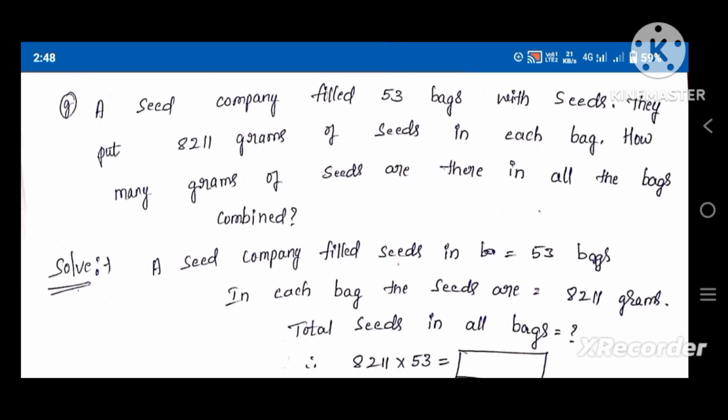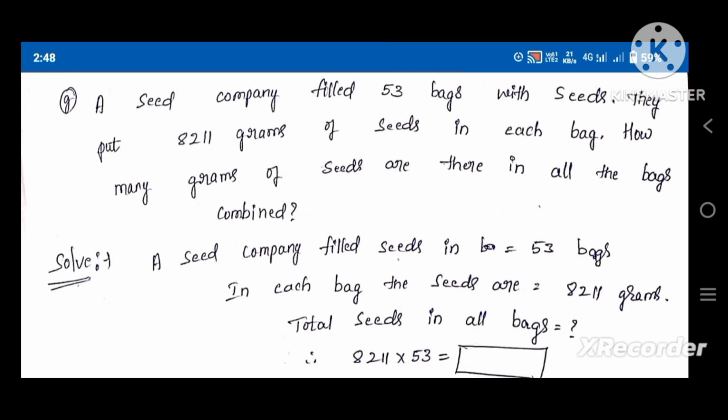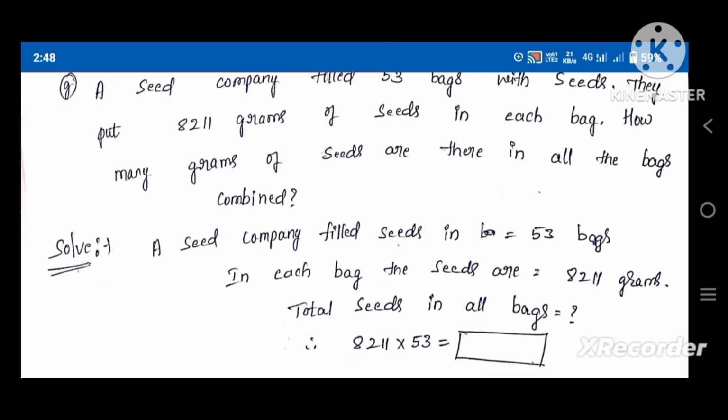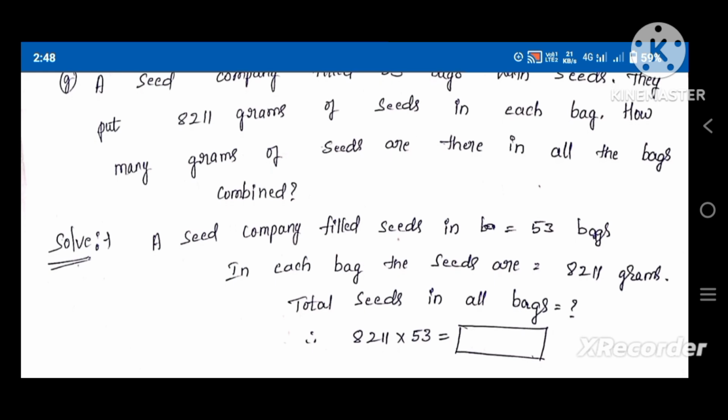Solve. A seed company filled seeds in 53 bags. In each bag, the seeds are 8,211 grams.